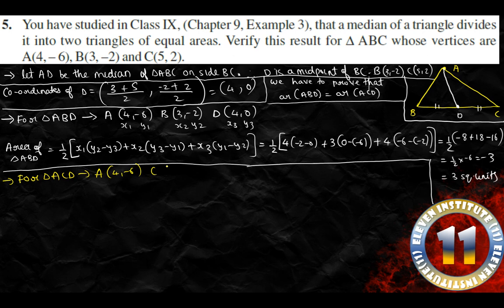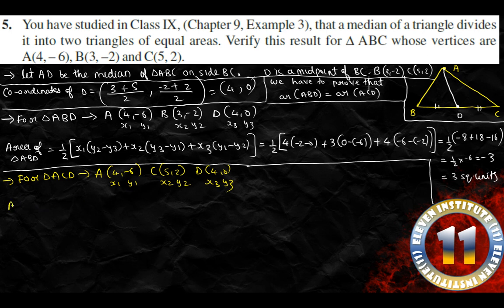We have C as 5, 2. And we have D as 4, 0. So અહીંયા આપણી પાસે આવી જશે x1 y1, અહીંયા આવી જશે x2 y2, અને અહીંયા આપણી પાસે હશે x3, y3.